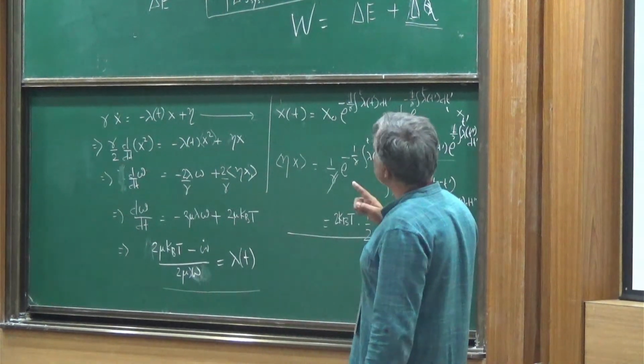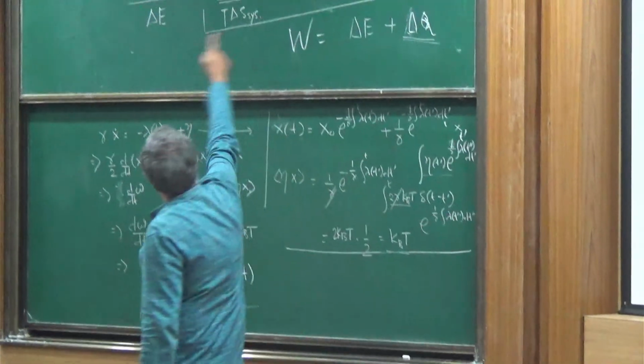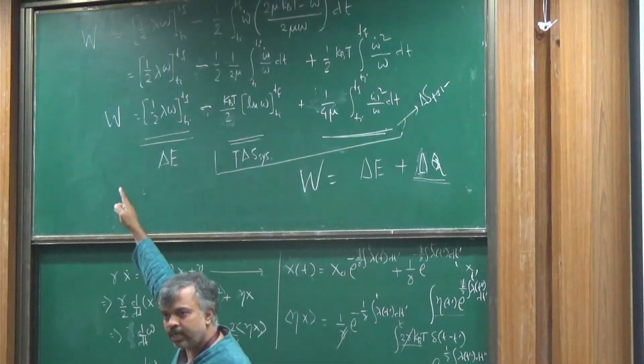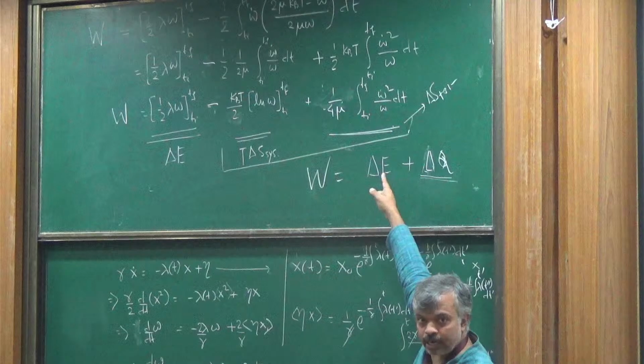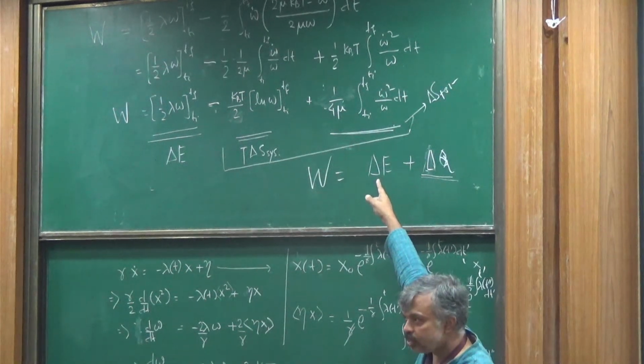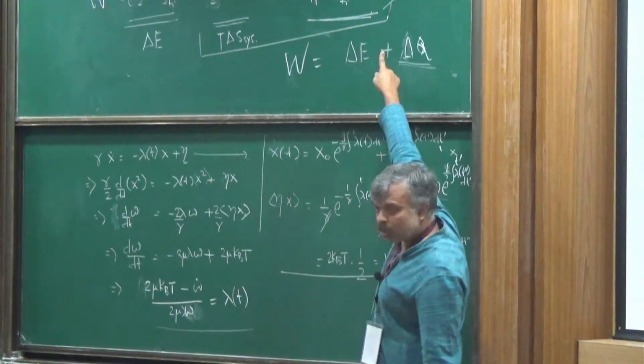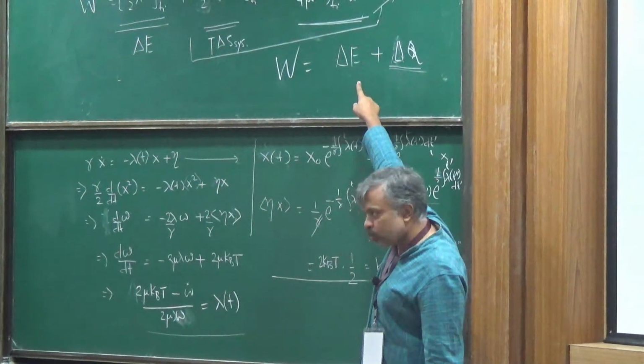So my point is, these first two terms are the boundary terms, so they will not enter. This is an integral term that enters. So this is my total entropy, that means average total entropy.